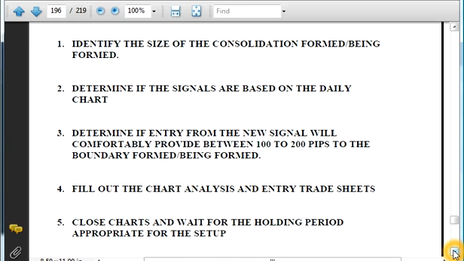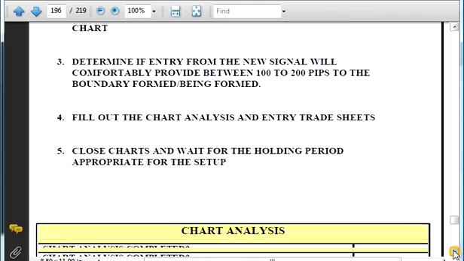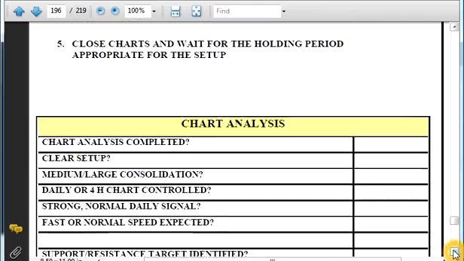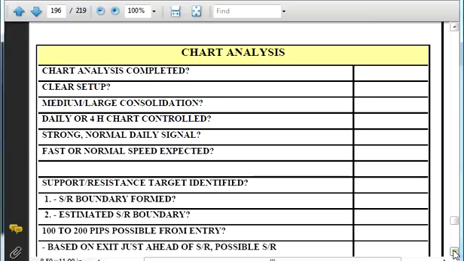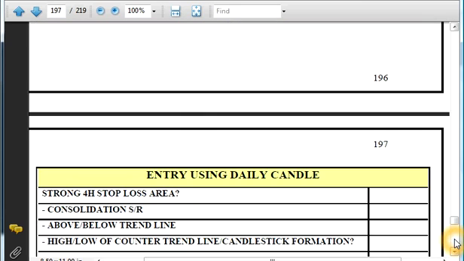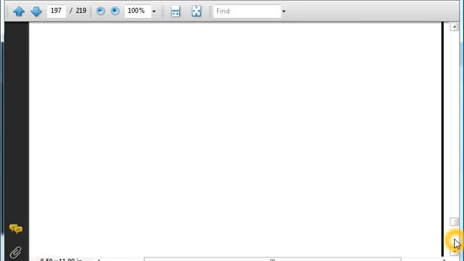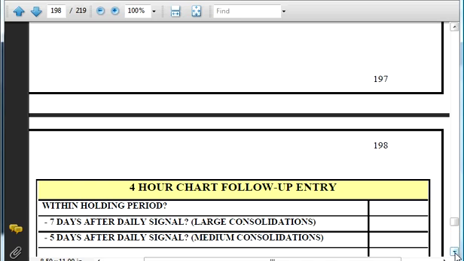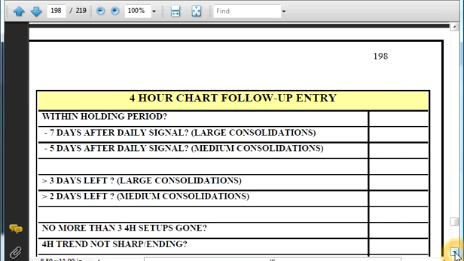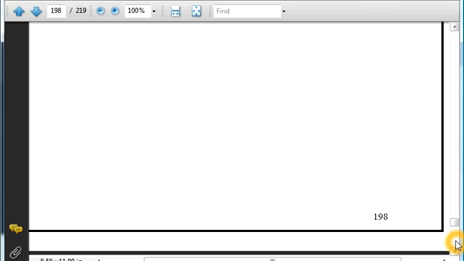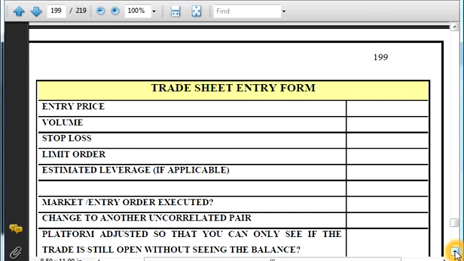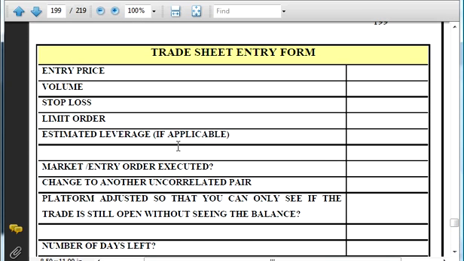So the next step would be to follow the steps with regards to identifying and trading the setup, fill out the trade analysis and chart analysis sheet, and once you have confirmed that the market has conformed to these rules, then the next step is to fill out the trade sheet: fill out the entry price, stop loss, your limit order, your leverage if that is applicable to your trading platform.